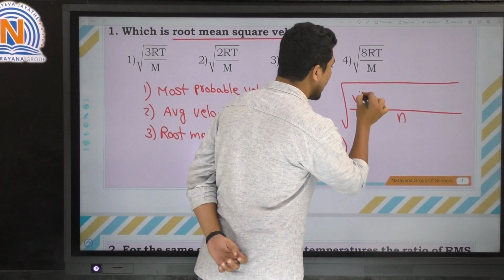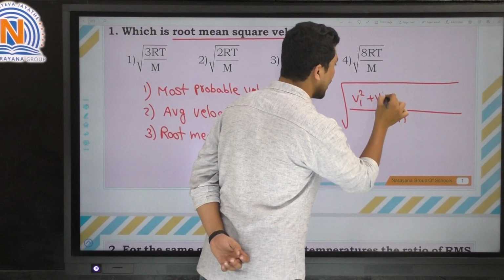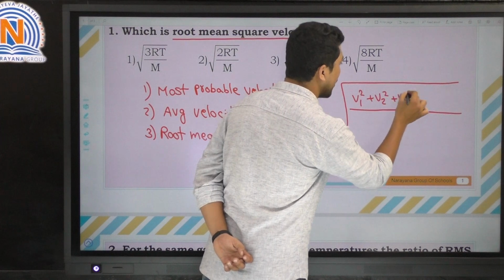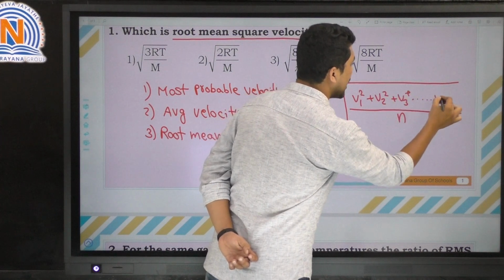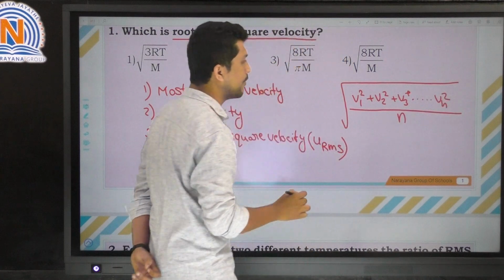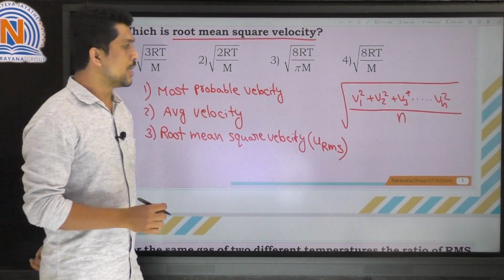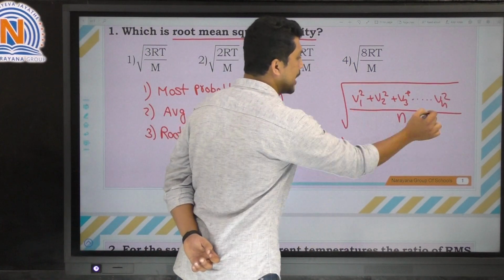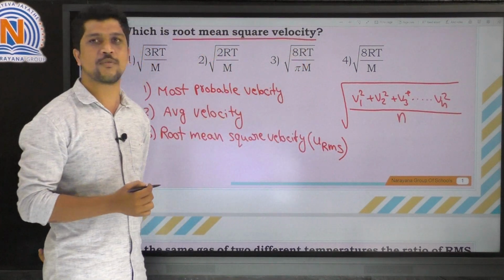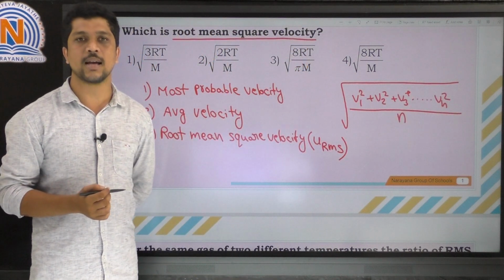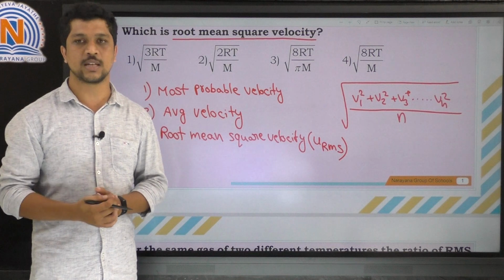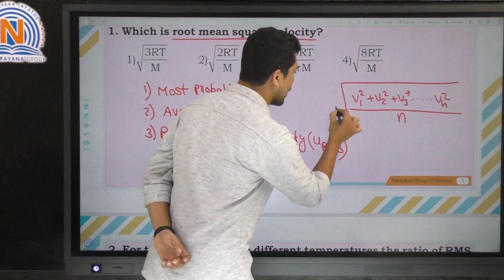That is, v1 square plus v2 square plus v3 square plus so on up to vn square. So the square root of the mean of the sum of the squares of the velocity is called root mean square velocity.